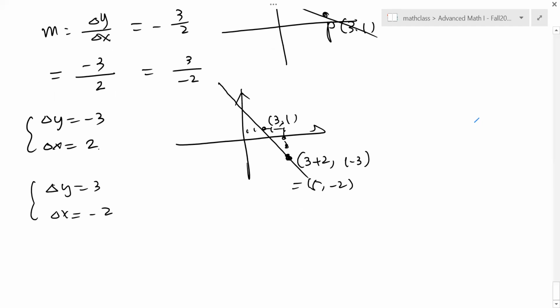You have to go to the left by 2 units, and then go up by 3 units. 1, 2, 3. So this should be another point. The coordinates of the point are 3 minus 2, and 1 plus 3. So it's going to be 1 and 4.